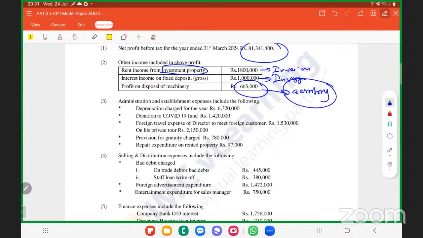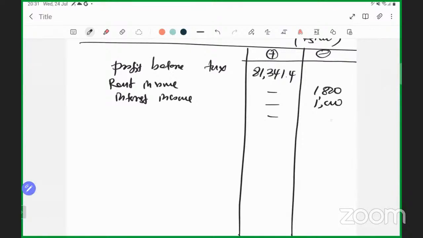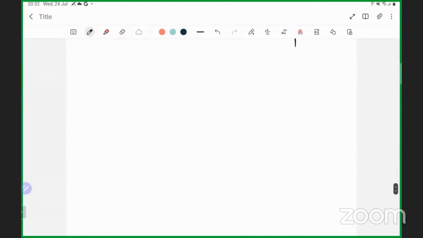Therefore, the accounting profit included you need to remove. Instead of that, you need to calculate the profit according to taxation. So working one: how can you calculate as per section 16?